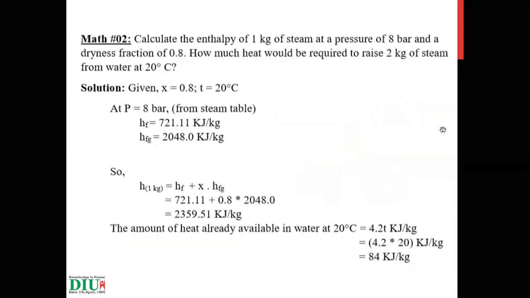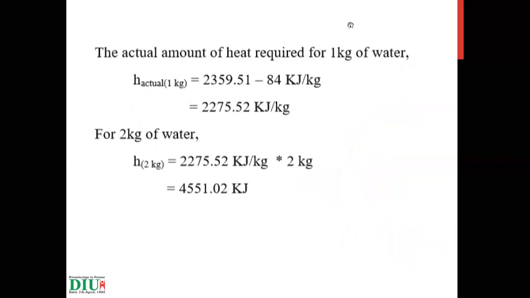So let's go to the next. You see the actual amount of heat that I told, this is from 0 to 100, and this is from 0 to 20. So when we subtract, the result we get is from 20 to 100. That was the required.